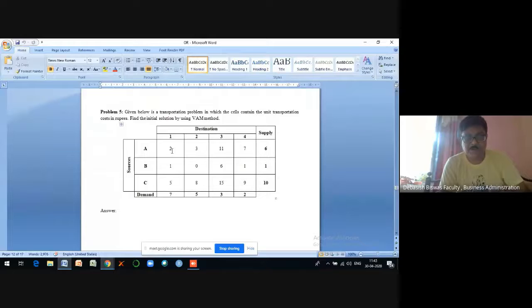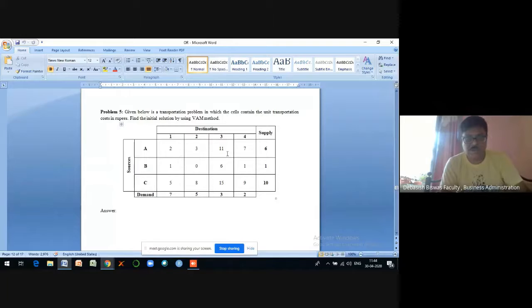So here we have written 2, 3, 11, 7, 1, 0, 6, 1, 5, 8, 9. There are in total 12 cells, as there are 4 destinations and 3 sources. Therefore, we have 12 combinations, 4 into 3.